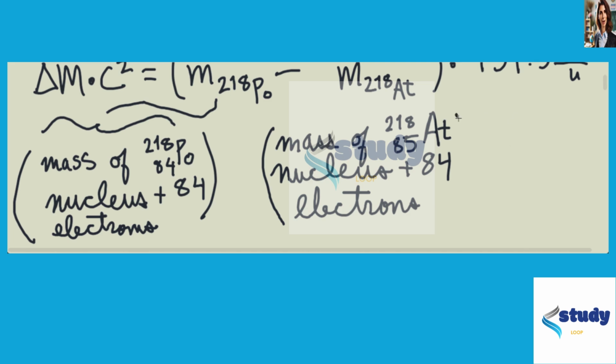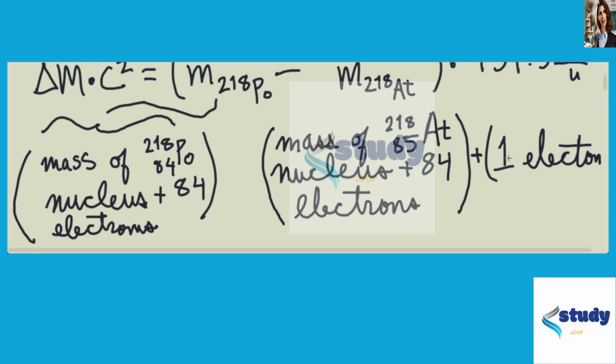But with beta decay, we also have an additional electron that came from the neutron that decayed into a proton. So we also have one more electron that was freed and probably filled a valence gap in the astatine atom.